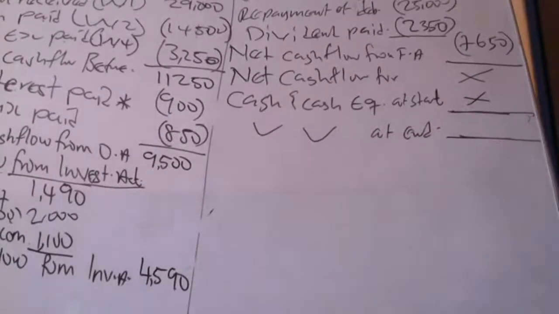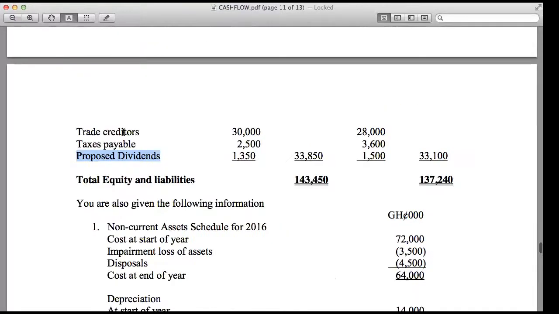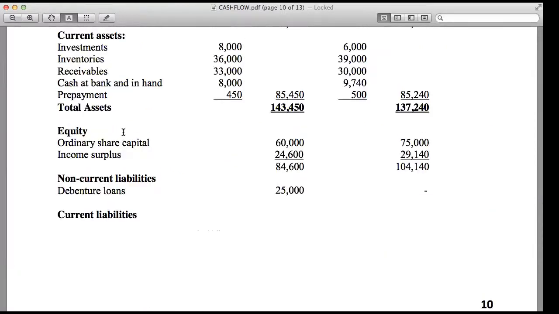So let's go and pick the closing balances of the cash and cash equivalent. So cash at bank and cash in hand, 450 and 500, right? Is that 450?